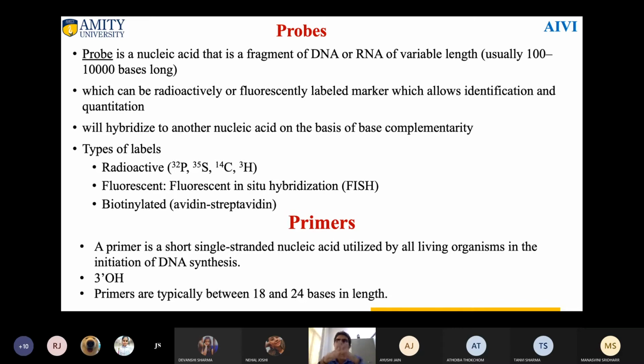The gene sequence is available with you. But if you want to check whether there is any change in that gene, whether it is the same sequence we are thinking of or not, you need a known sequence and an unknown sequence. Unknown sequence means you are not aware whether it is present or not.